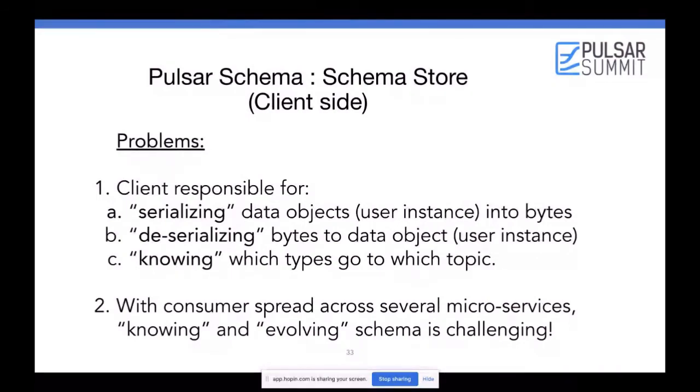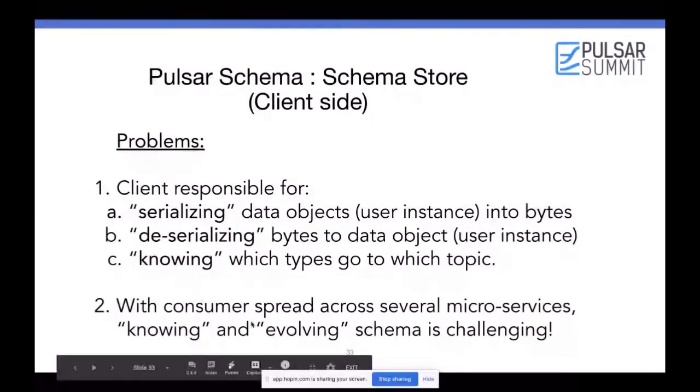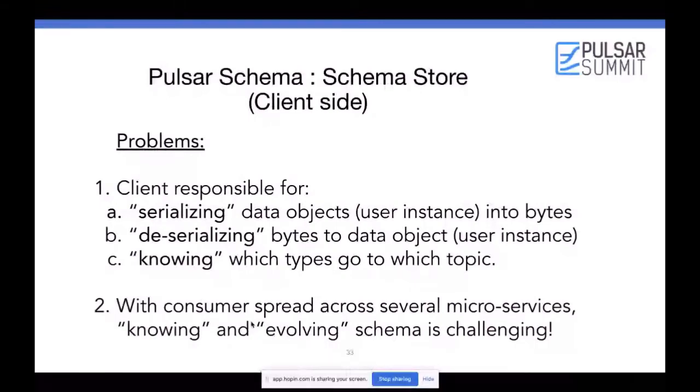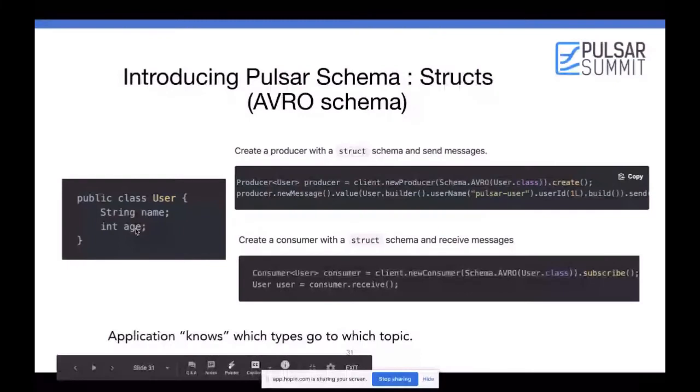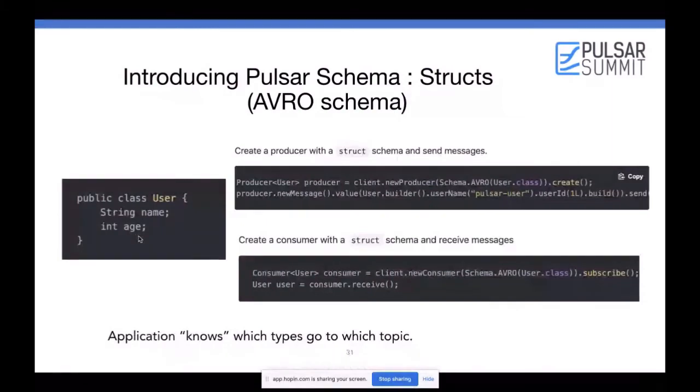This is something that is still fine, but if you also have a lot of different versions of the user object, we talked about the user object. If instead of name and age, you add, let's say, nationality, then you have a different version.